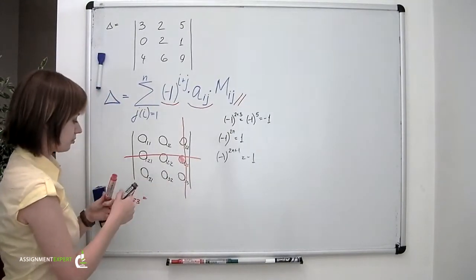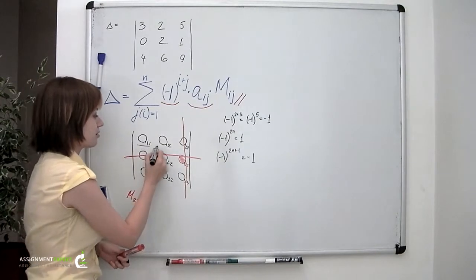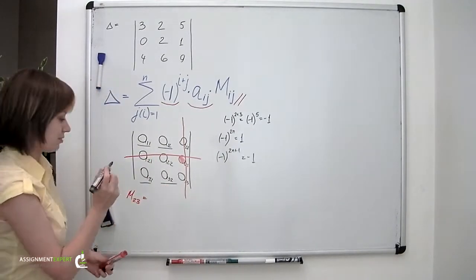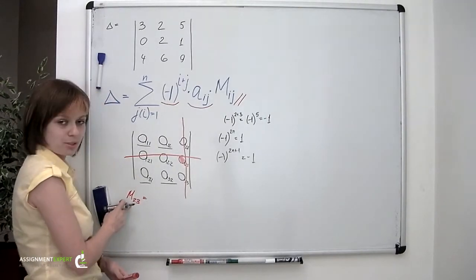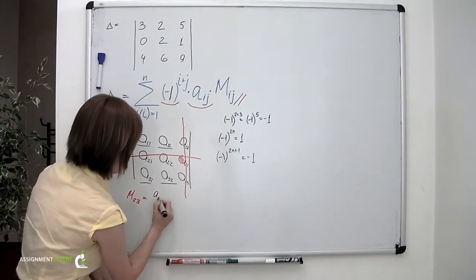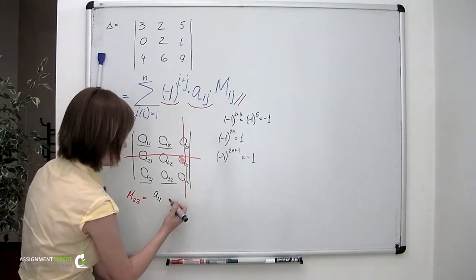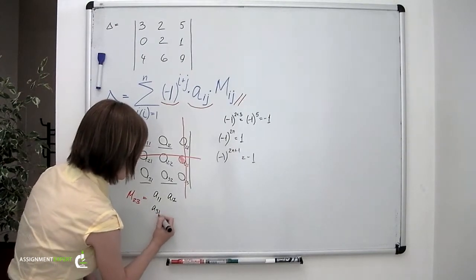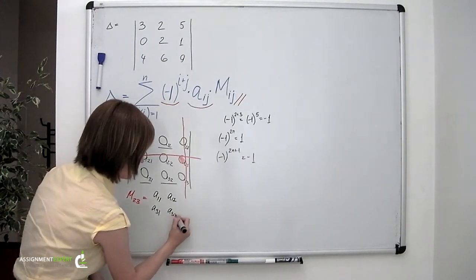And then the numbers left would form our new determinant. So our minor M_23 would go as follows: a_11, a_12, a_31, a_32.